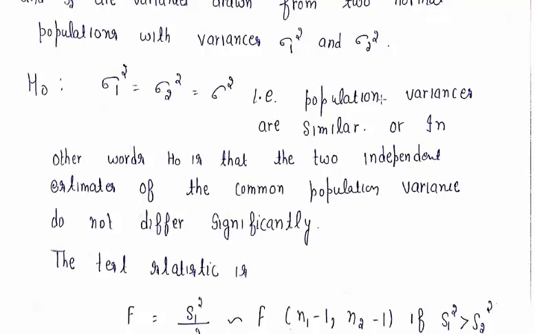It means population variances are similar, or in other words, H naught is that the two independent estimates of common population variance do not differ significantly. There is no difference between the population variances.